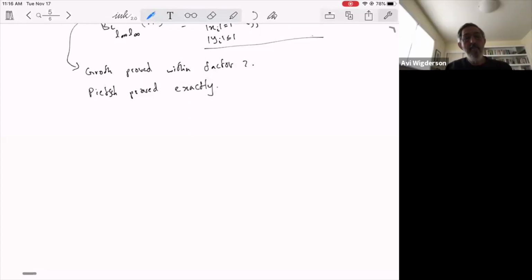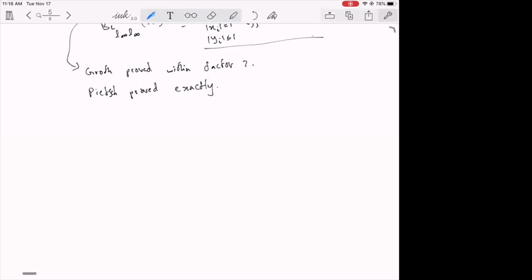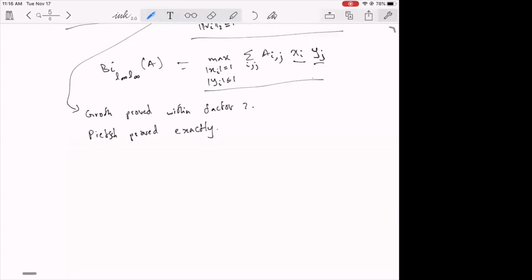Both arguments are some kind of abstract Hahn-Banach arguments that happen on subsets of R^n. It was observed much later by Tropp and independently Nesterov that the equality is a special case of semi-definite programming duality. It falls out directly from semi-definite programming duality.